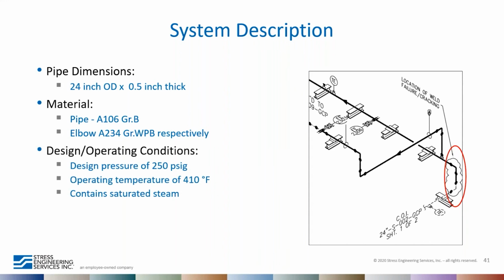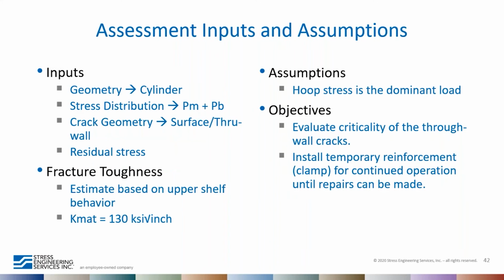And the design conditions are that the component operates at 250 psi of pressure with an operating temperature at about 410 degrees Celsius. Now, the good thing about that is it's relatively warm, and that's generally good for toughness in carbon steels. We'll talk about that a little more in part 2.